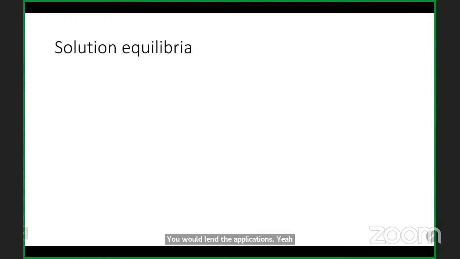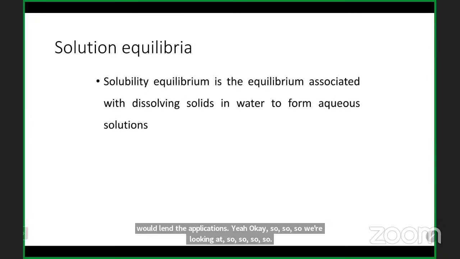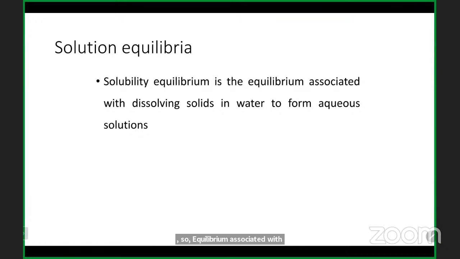Okay, so we're looking at solution equilibria. Solution equilibria is associated with anything dissolved in water. So you can talk about the solubility equilibrium, and you can talk about acid-base equilibria, because acids and bases are usually defined in water in most cases.